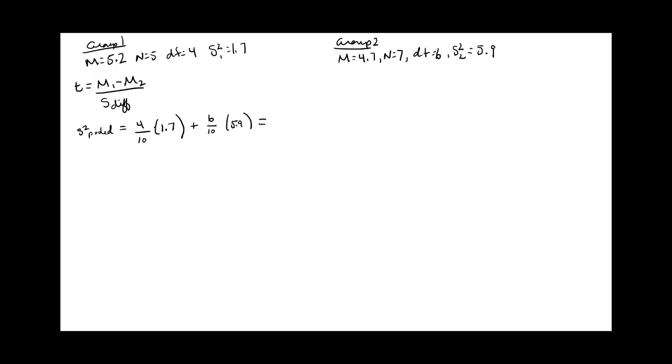And when we multiply that out, we get 0.4 times 1.7 plus 0.6 times 5.9, which equals 0.68 plus 3.54.